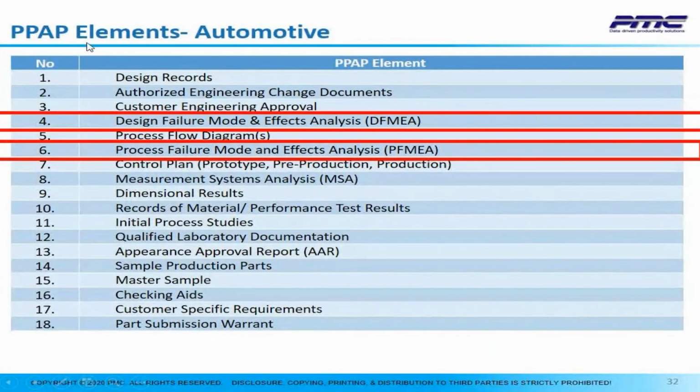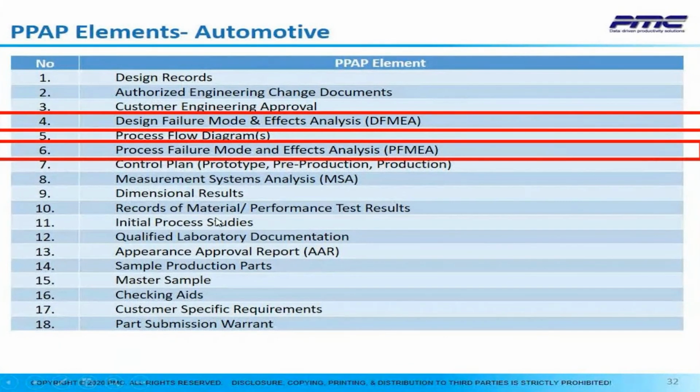PPAP elements. This is where I wanted to point out there are 18 PPAP elements. The PPAP is an output of APQP, and it stands for Production Part Approval Process. As you can see here, the design failure mode and effects analysis, DFMEA, and the process failure mode and effects analysis, PFMEA, are required PPAP elements in automotive.